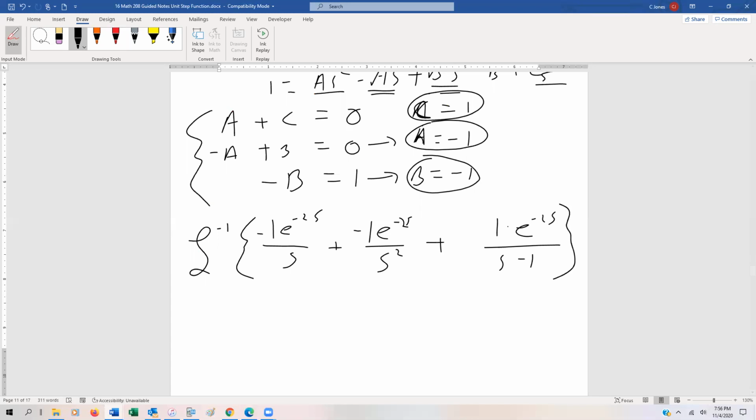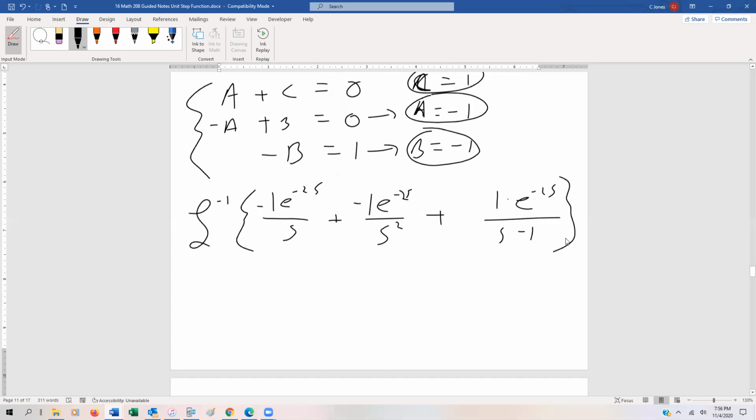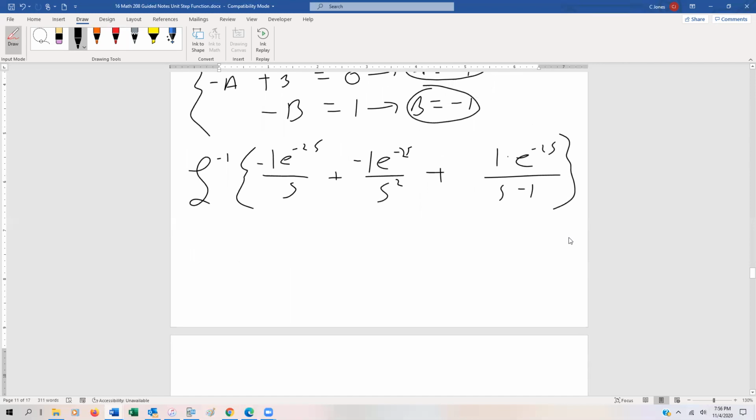Now, what would probably be helpful for us is to split this up into 3 different inverse Laplaces. All right, so I'm going to do so. So we're going to have L minus 1, and I'll just pull the negative out from right here.